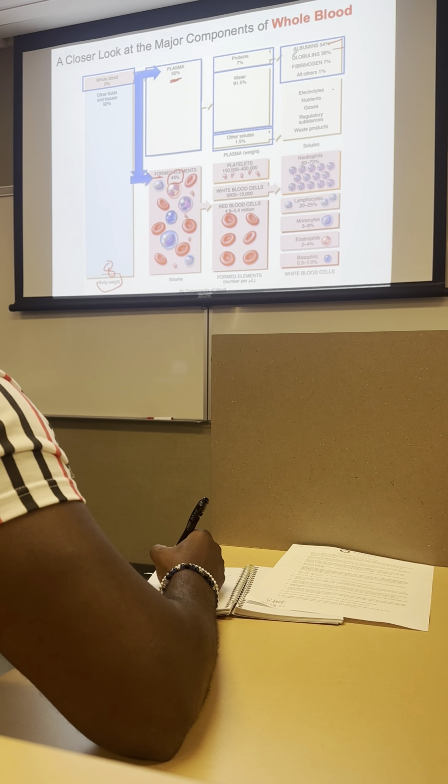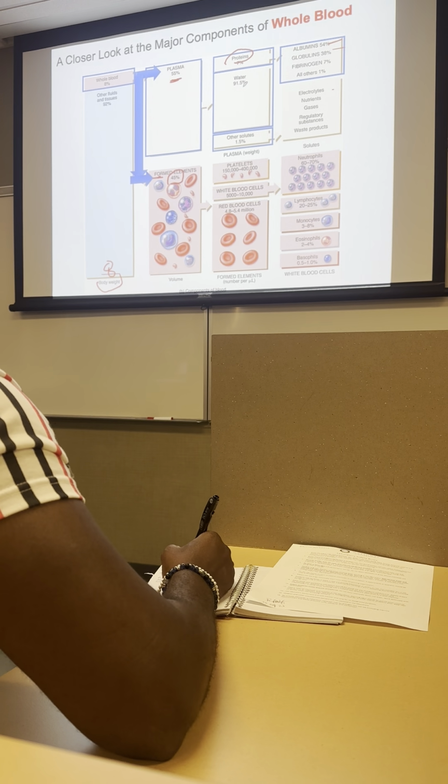We're not looking at the Buffy coat, we're looking at plasma, and we're not looking at a cellular element. What is plasma? Plasma proteins. So immunoglobulins or antibodies, what are they? They're proteins. Albumin, what is it? A protein. Fibrinogen, when they mention fibrinogen, these are the plasma proteins.